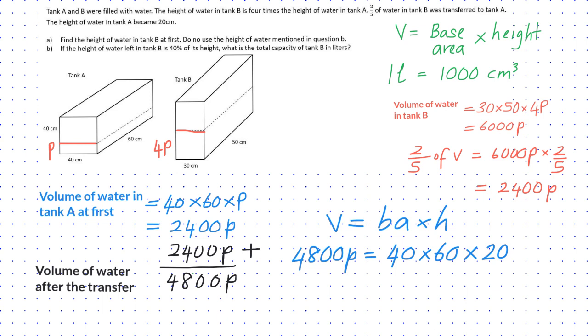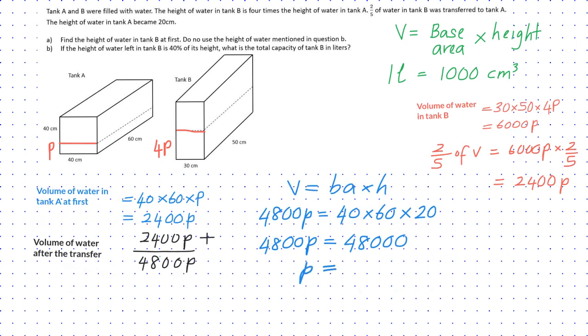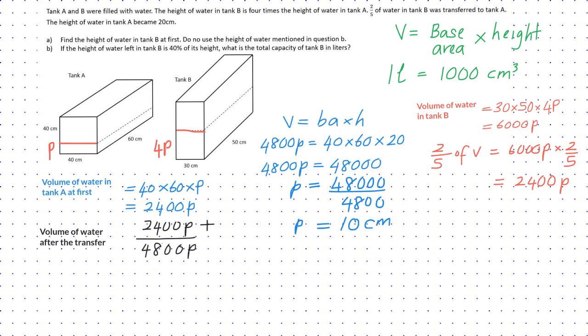Now we can solve this equation to find out the value of P. The height of water in tank A, or P, is equal to 10 centimeters. So if the height of water in tank A is 10 centimeters, the height of water in tank B, which is 4P, is equal to 10 into 4, which is 40 centimeters.